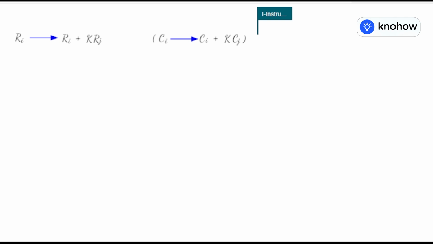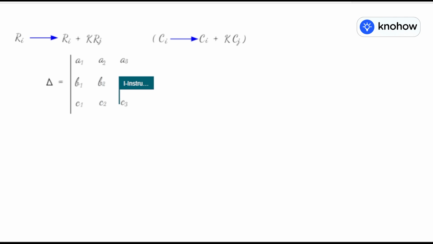For example, given is a determinant A1, A2, A3, B1, B2, B3, C1, C2, C3. And you operate it like this, that is R1 is to be replaced by R1 plus K times R3. What will be the new determinant delta 1?